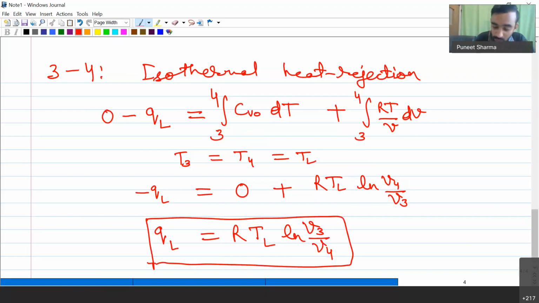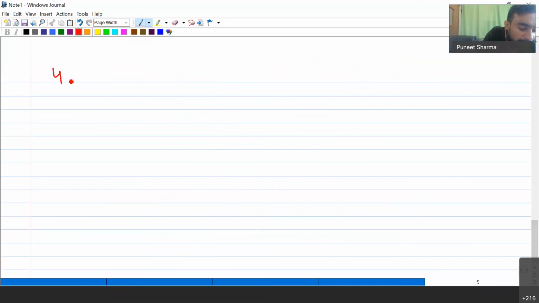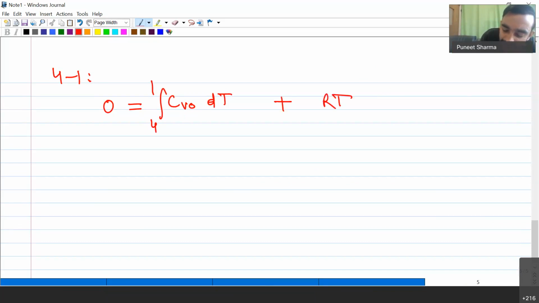Now let me go to process number 4 to 1. For process number 4 to 1, once again it is a reversible adiabatic compression process. Because of that, our heat transfer will be 0, and we will find 0 equal to the integral from 4 to 1 of CV naught dT plus RT divided by small v dv integrated from 4 to 1.